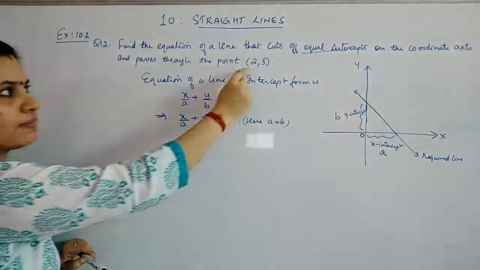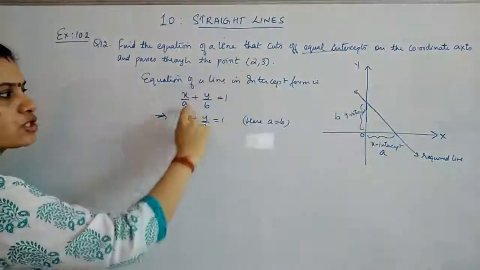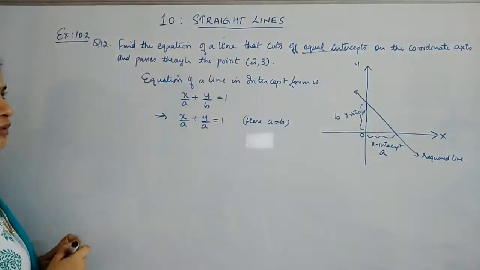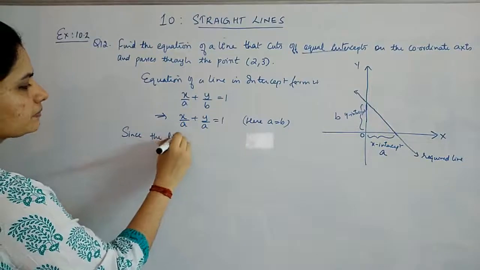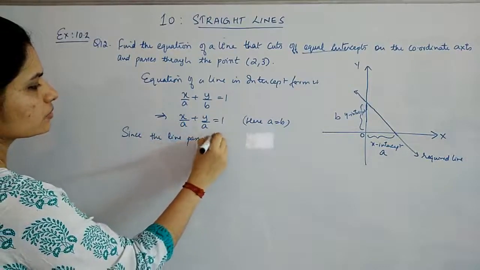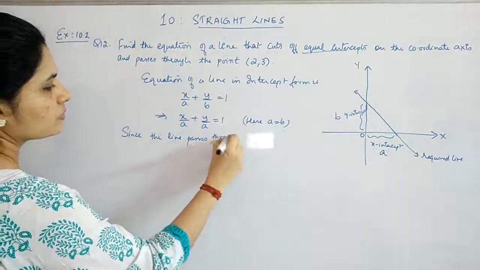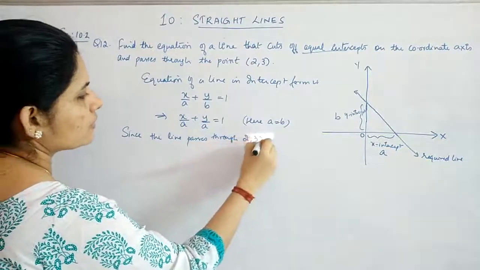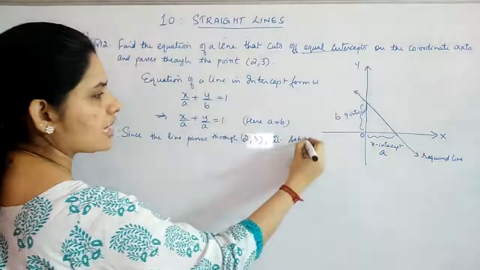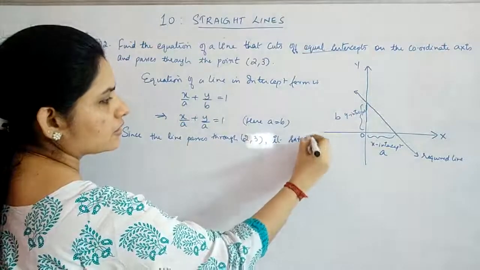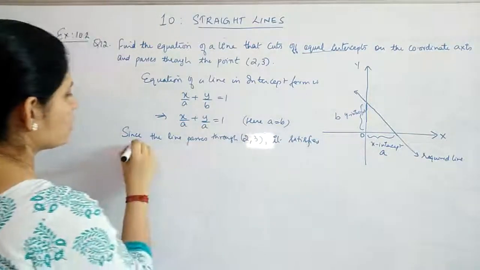That is, you can replace x and y value with 2 and 3 respectively. So, since the line passes through 2, 3, it satisfies the equation of the line.